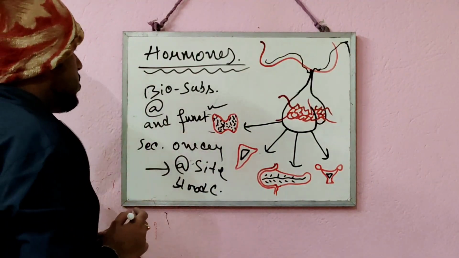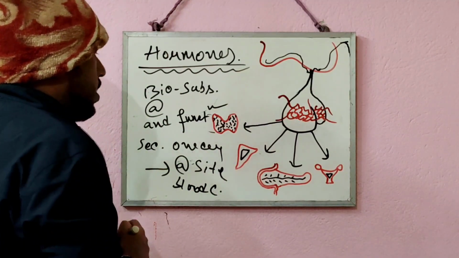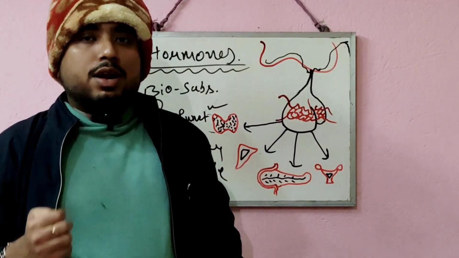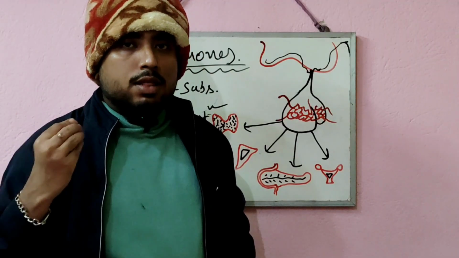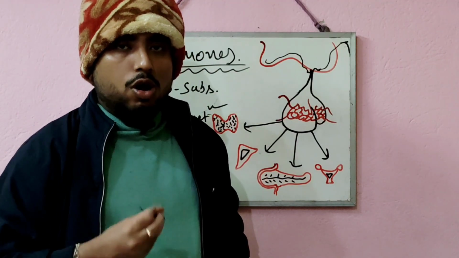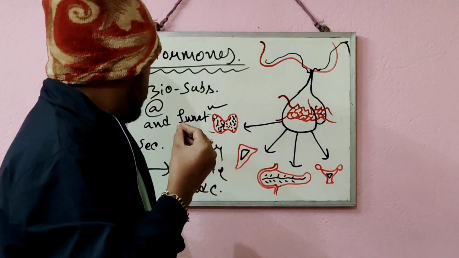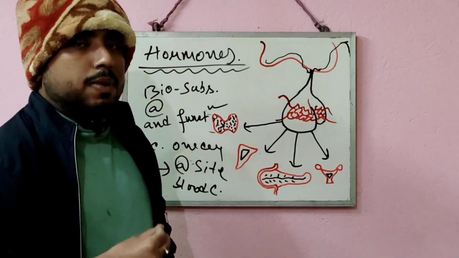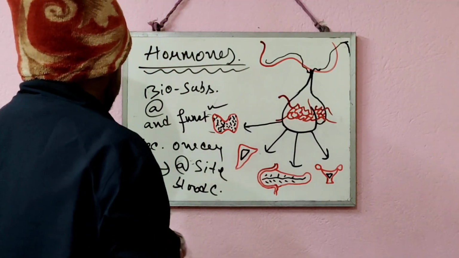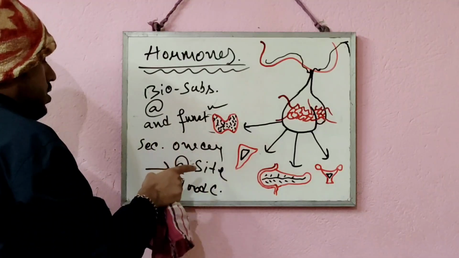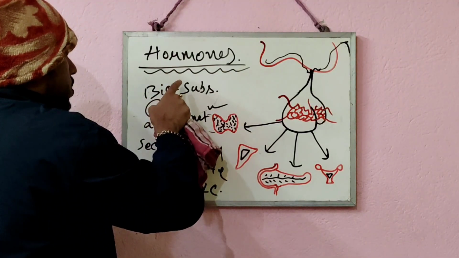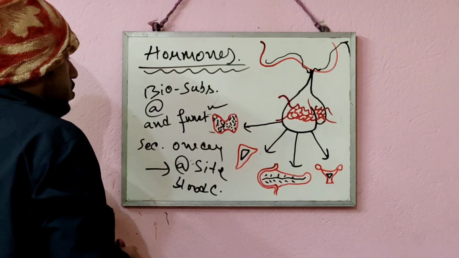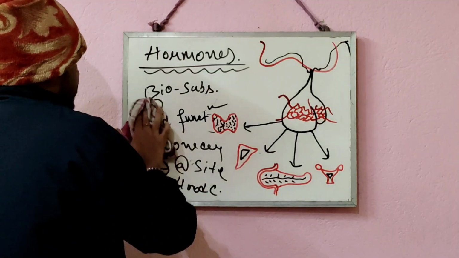Hormones are generally secreted from one cell and then transported to another cell, where the hormone shows its action, which is called the action site. They are transported from the secreting cell to the action site by our body's blood circulation, and there they show their different types of biological function.